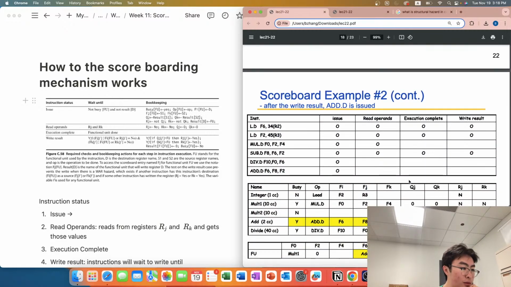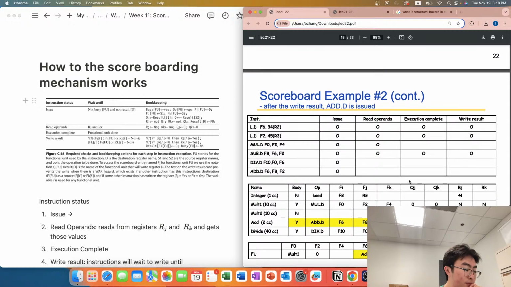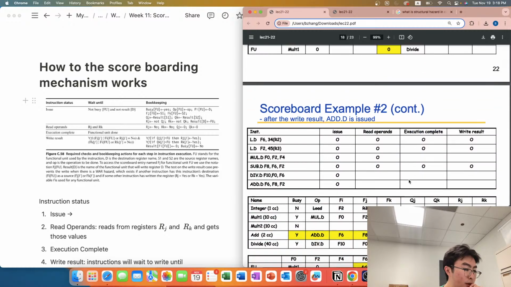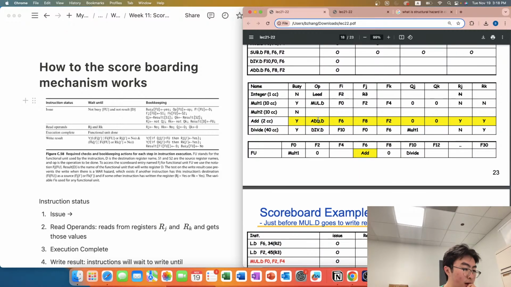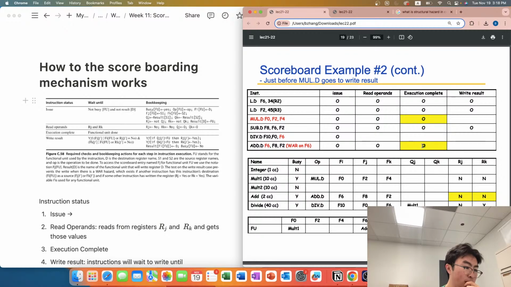So, where is it? Okay, so you have to insert the add instruction. Okay. Right after read, so this has to stall. Got it.